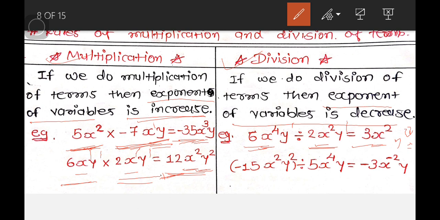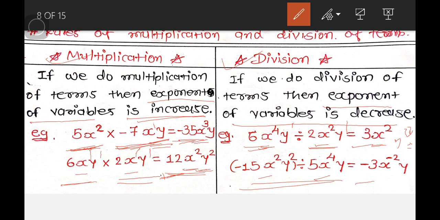Now another example, minus 15x square y square divided by 5x raised to 4 y. First we divide 15 by 5 and get 3, and both terms have different signs, so we put a negative sign. Now you can see the numerator has x square and the denominator has x raised to 4. That means the power of x is larger in the denominator.